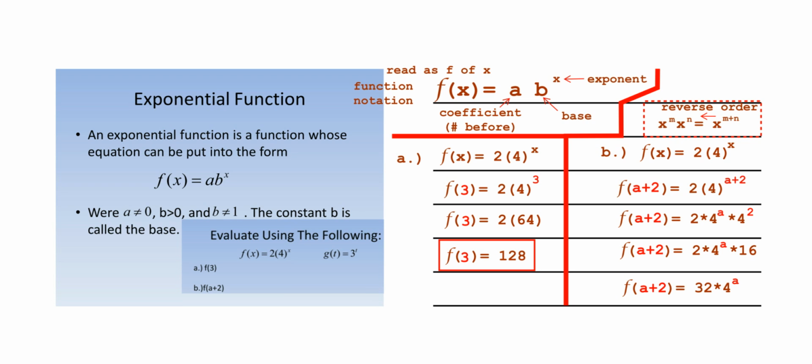That's as far as we can get since we can't multiply 32 times 4, or so order of operations says we must do the exponents first. So I must do 4 to the a before I can multiply by 32. So in a sense, this is as far as we can get for this particular problem. That's our answer. Okay, let's try another example.